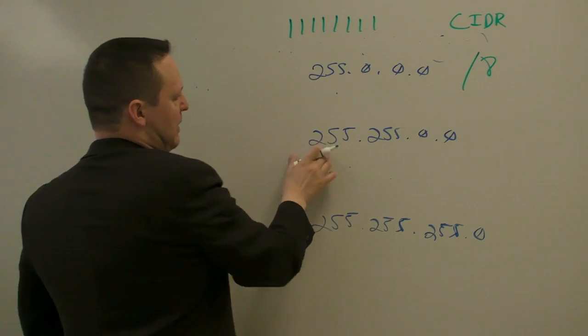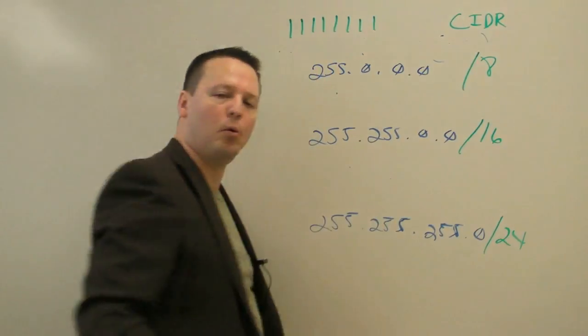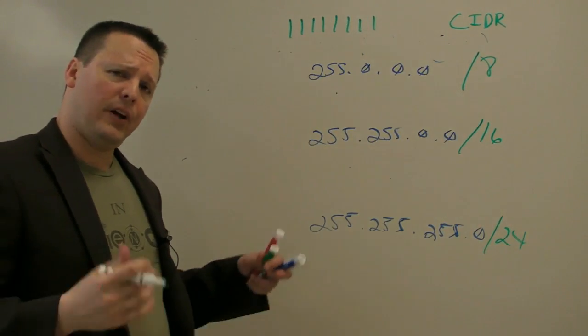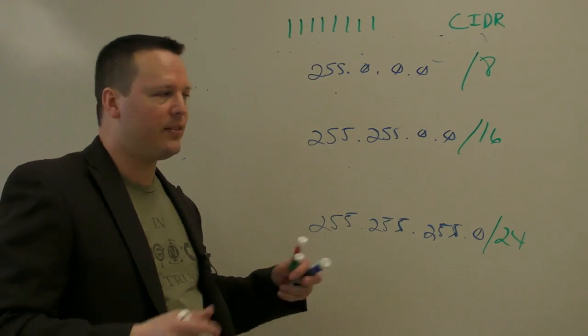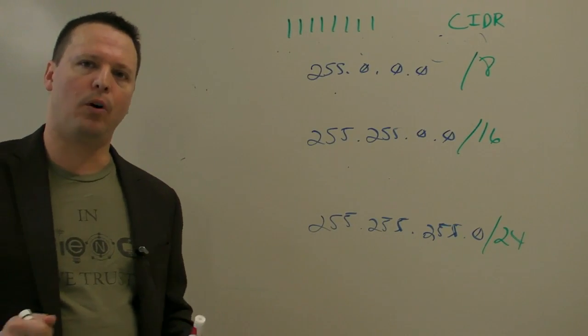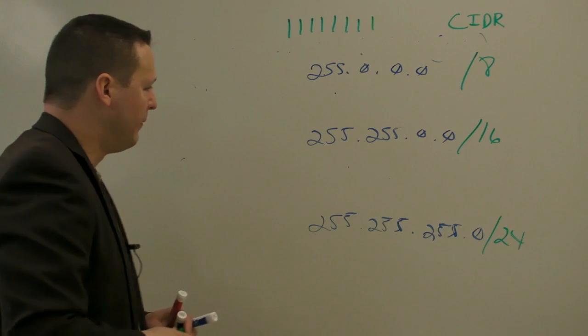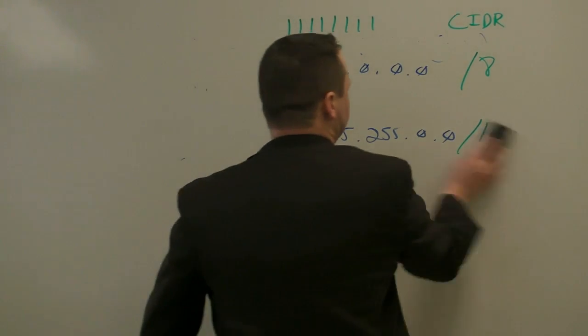This is obviously going to be /16, and for class C's it's /24. Again, CIDR notation, or prefix, or dotted decimal notation, or subnet mask, so many ways to say the same thing, all represent network bits. Okay, so let's move on with this and actually get to some actual subnetting.